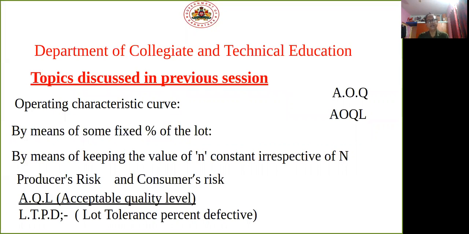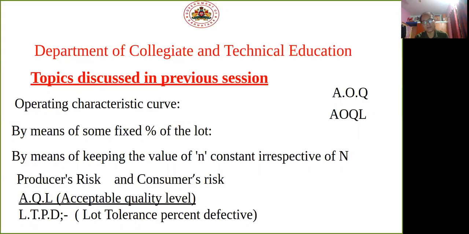In the previous session, we discussed the operating characteristics curve, and we studied how it can be constructed. As I told you, it can be constructed by taking a sample which is some fixed percentage of the lot.